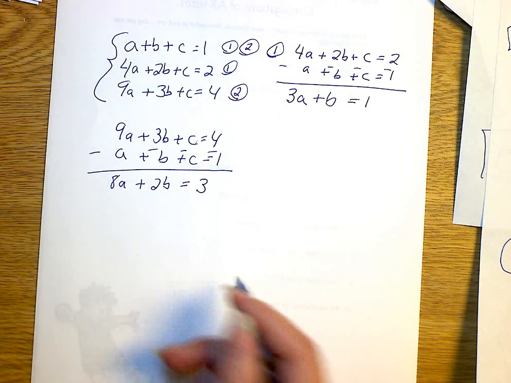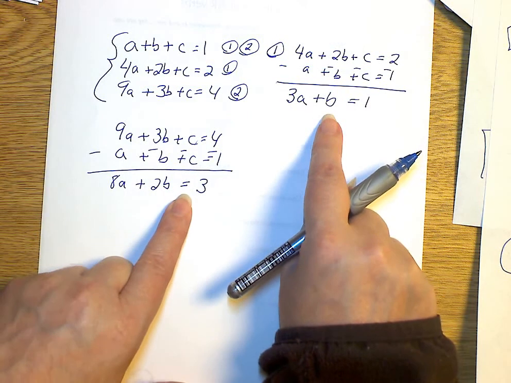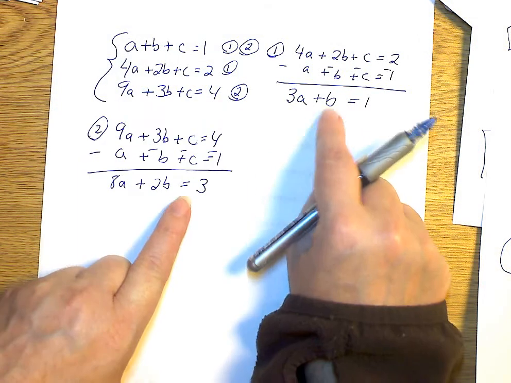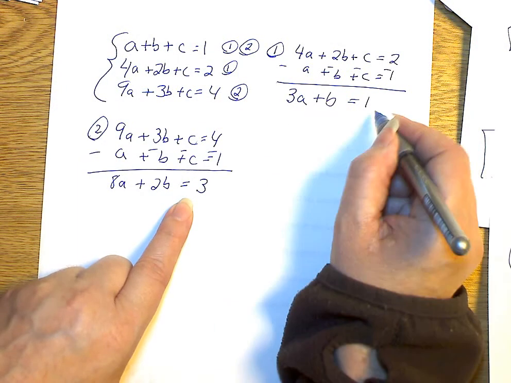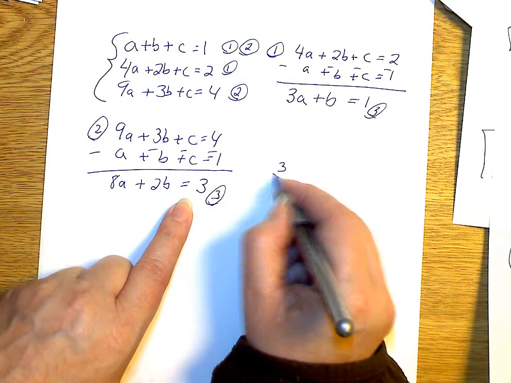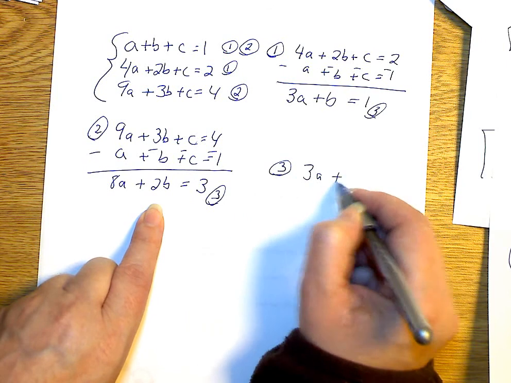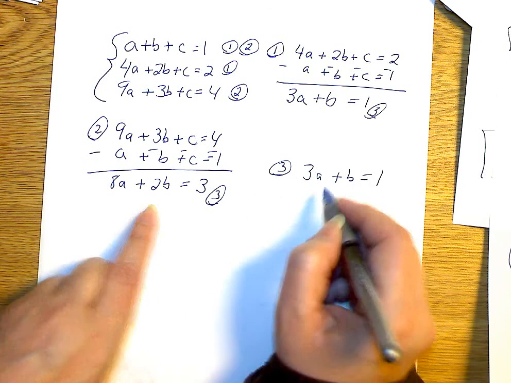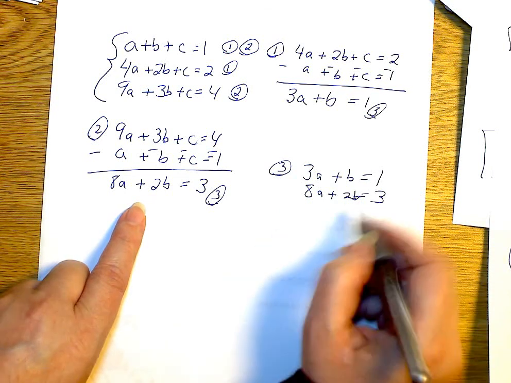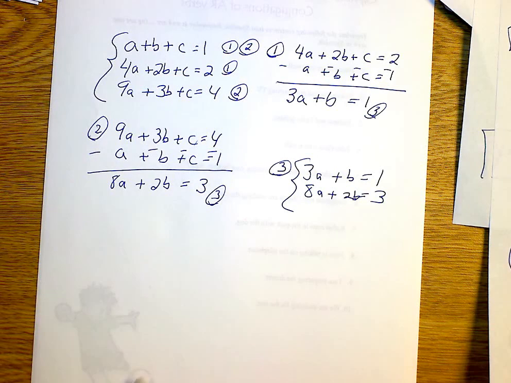Then I have to take these two equations and get rid of a or b. So my third step is to take this equation and this equation and get rid of a or b. So if I have 3a plus b is equal to 1, 8a plus 2b is equal to 3, what can I multiply top or bottom by to get rid of one?